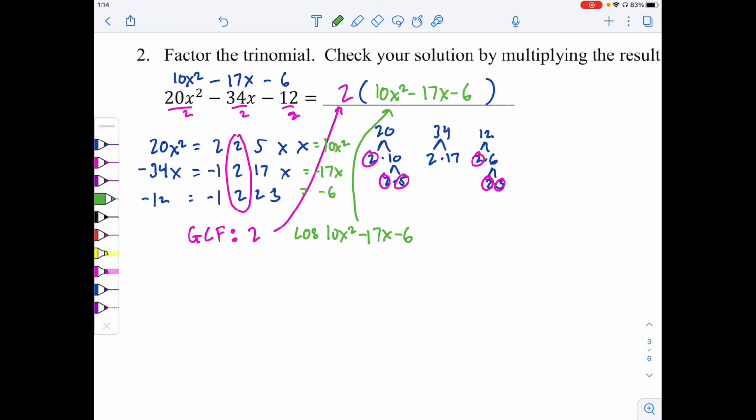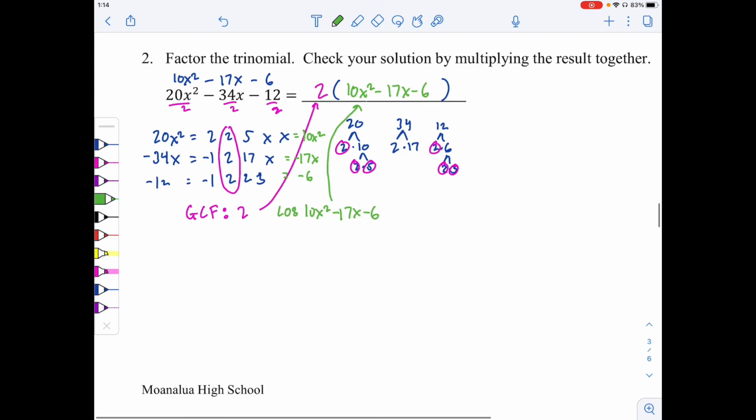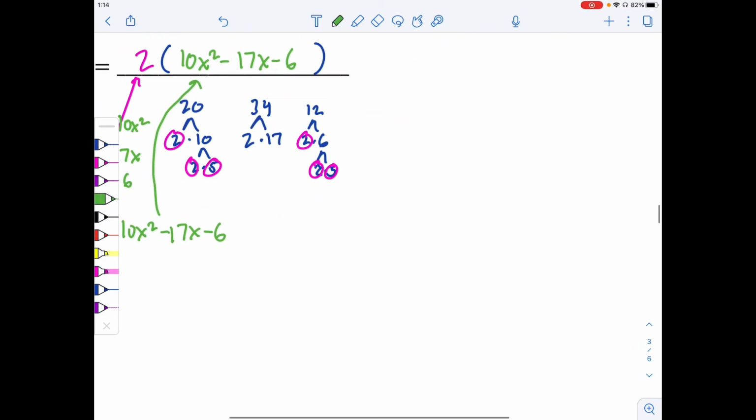Right, so let's look at our ABC. So 10x squared minus 17x minus 6. You notice our A value is 10, our B value is negative 17, our C is negative 6. Right, just in order like that.